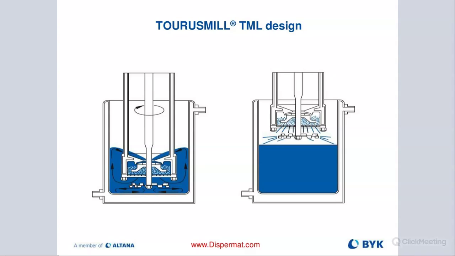So what you have here is basically a basket, stainless steel in the standard configuration. But for battery applications, we highly recommend that it be outfitted with a ceramic insert. So the milling chamber will be zirconium or silicon carbide or any other material that you so choose.